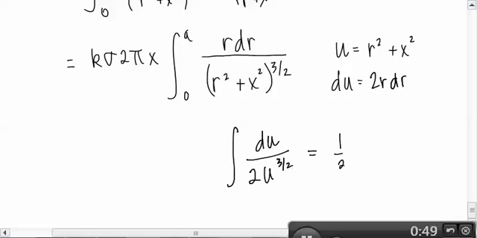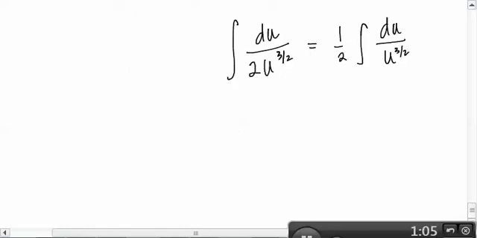So 1 over 2 integral of du over u to the 3/2, like that? Now what? Is that right?